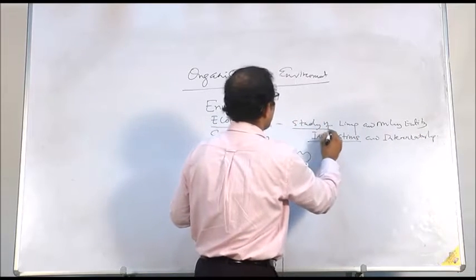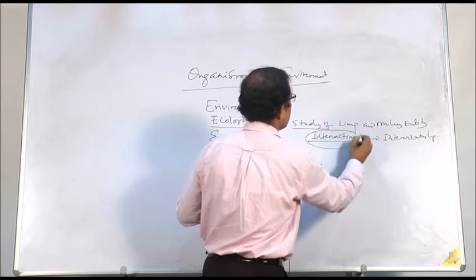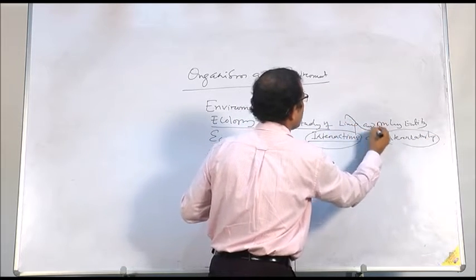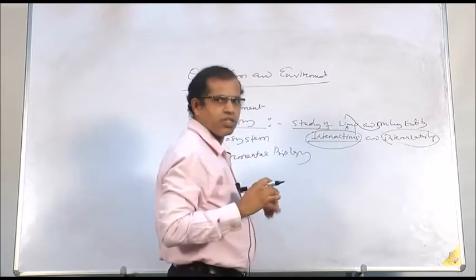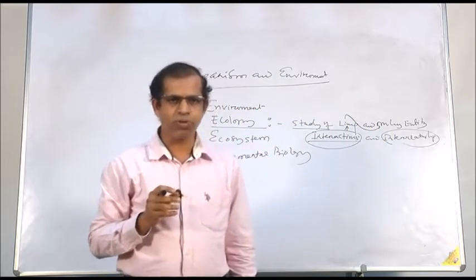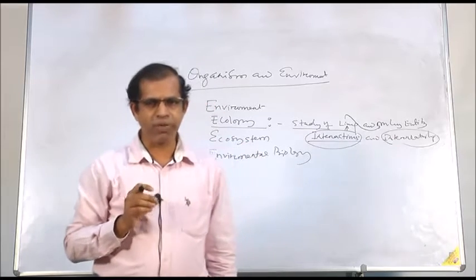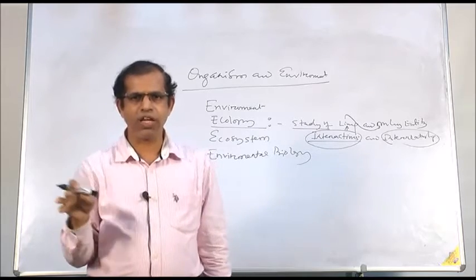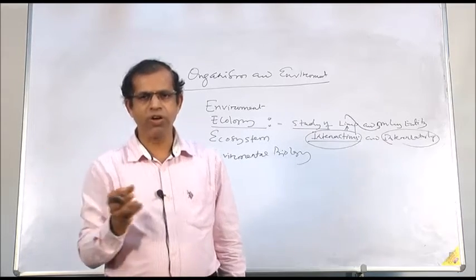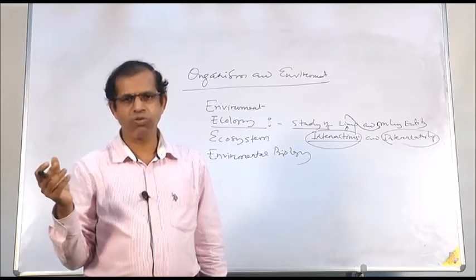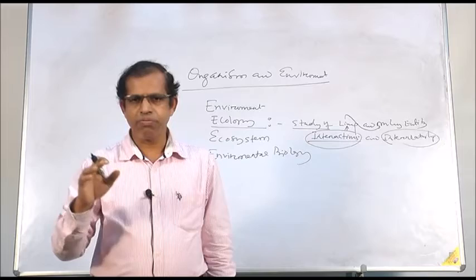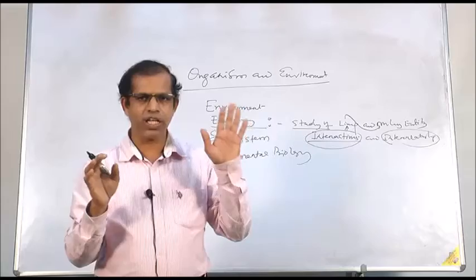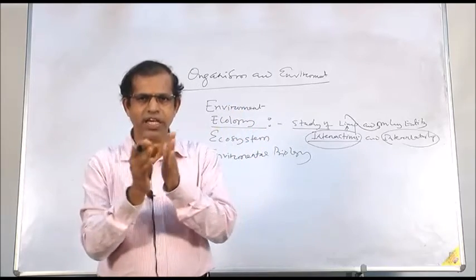That means I want to study the interaction and interrelationship of the living with the non-living as well as among themselves. For example, suppose I am one species, so I am here. In this room, whatever other living things there are, either plants or animals, or other persons, they are the living. Besides this, temperature, light and other things are the non-living. So between this living and non-living, an interaction will happen.